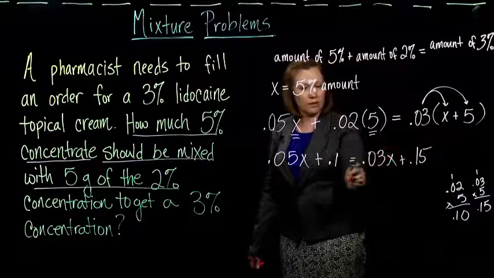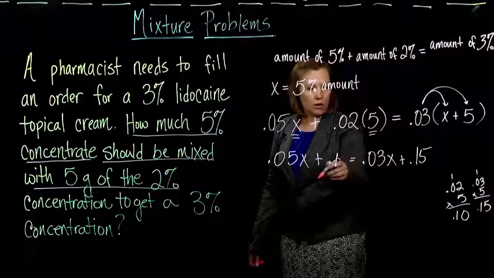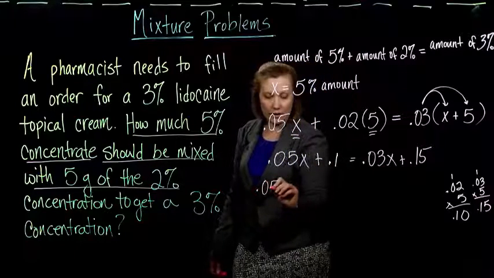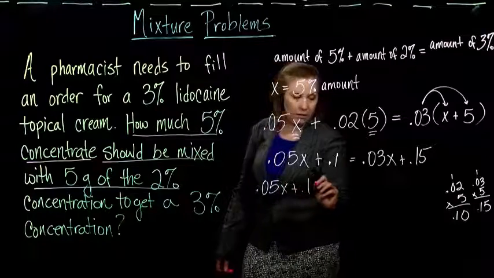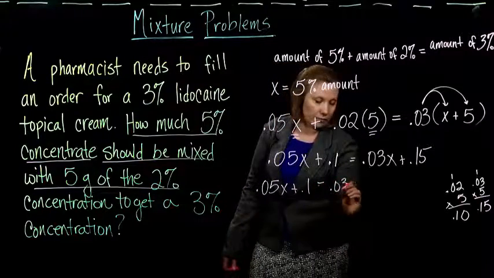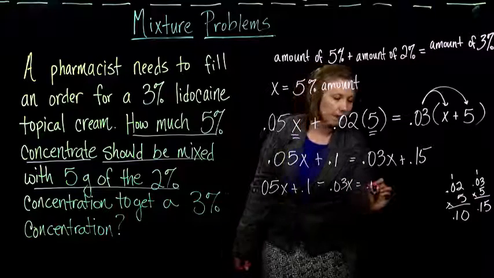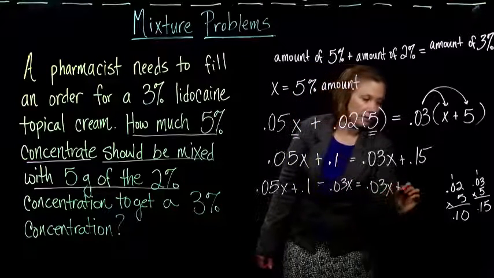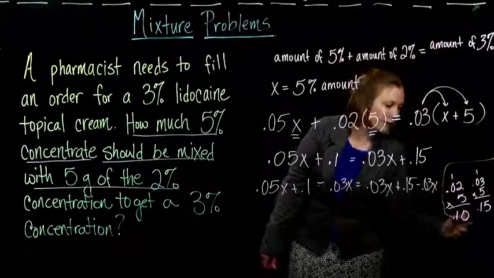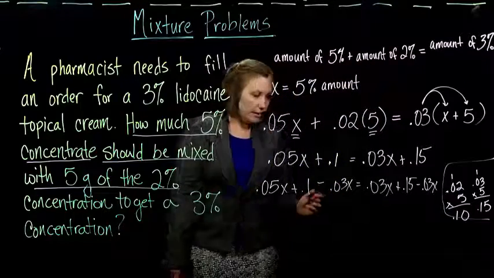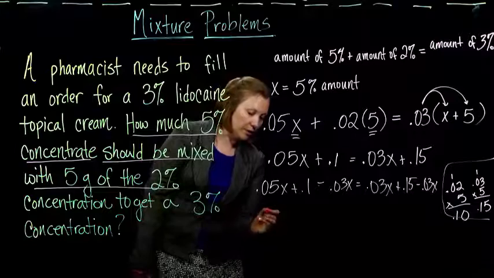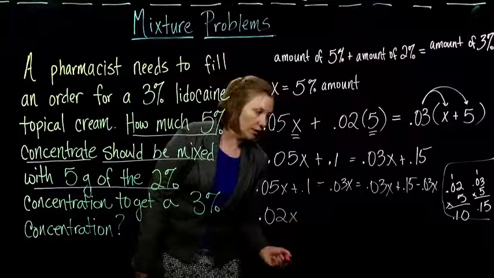I've gotten rid of my parentheses. To do that, I want to get all my x's on one side, so I'm going to subtract 0.03x from both sides. Okay, so 0.05 minus 0.03 gives me 0.02, or 2/100ths, x.